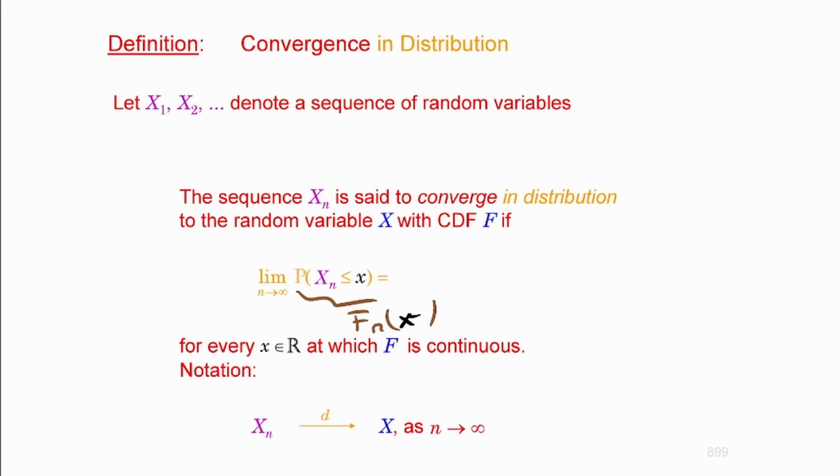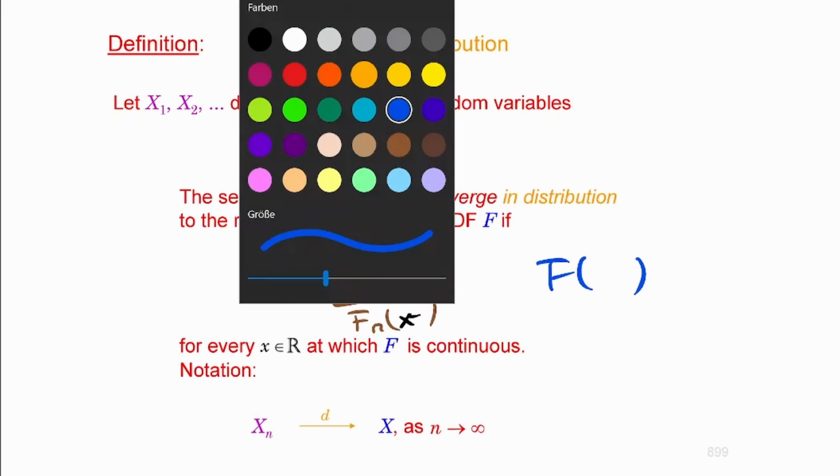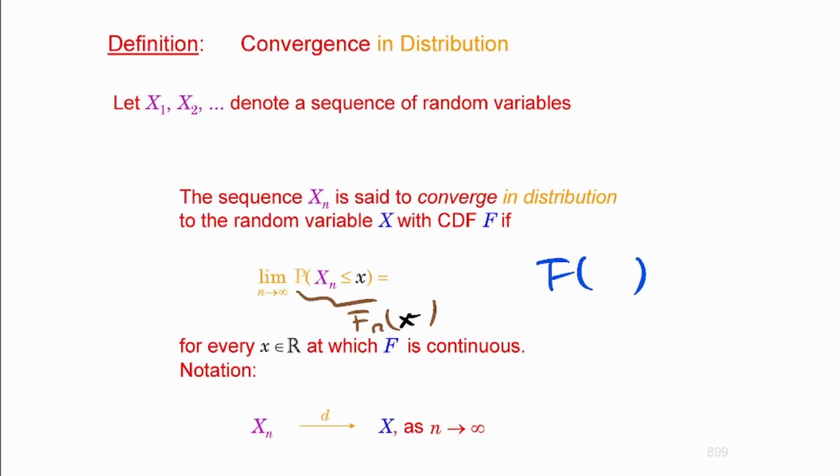And the limit of that, as you saw, is supposed to be the cumulative distribution function of the limiting random variable at point small x as well, at which the limiting cumulative distribution function is continuous.